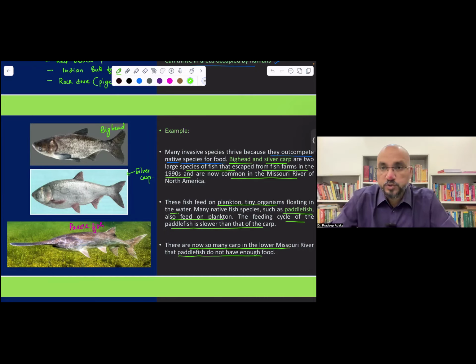Once you eat, then only you go for reproduction. You first have to fill up your belly, then you will think of reproduction. So the population slowly declined because they don't have enough to eat. So this is an example in the Missouri River. Bighead carp and silver carp, these are the invasive species.